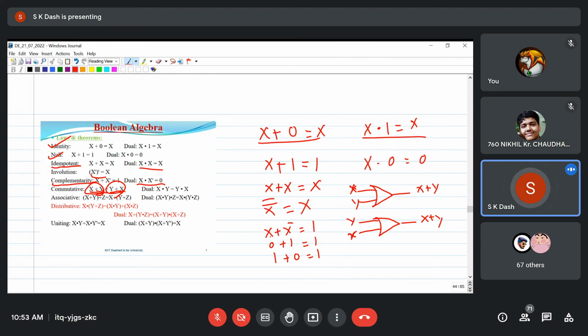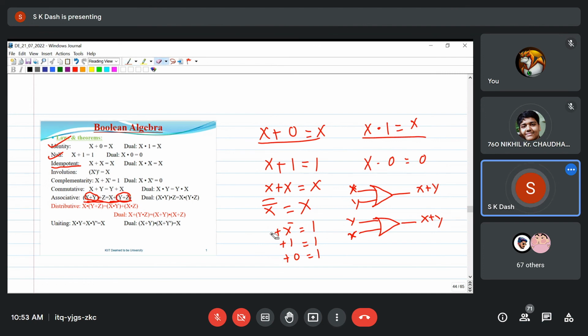Next, associative. What is associative? X plus y plus z. Check. X plus y plus z is equal to x plus y plus z. What do you mean by this expression? What do you mean by x plus y in bracket here, and y plus z in bracket here?